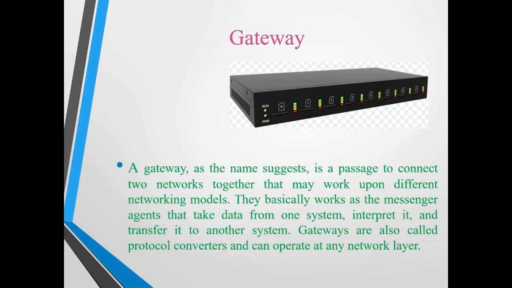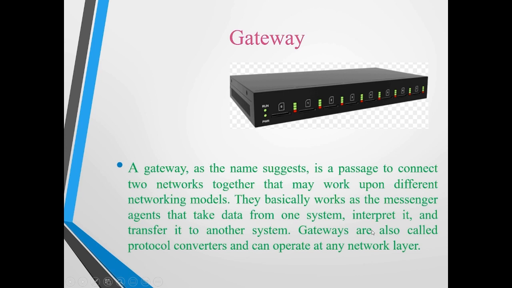As the name suggests, it is a passage to connect two networks together that may work upon different networking models. They basically work as messenger agents that take the data from one system, interpret it and transfer it to another system or another network, a different type of network.